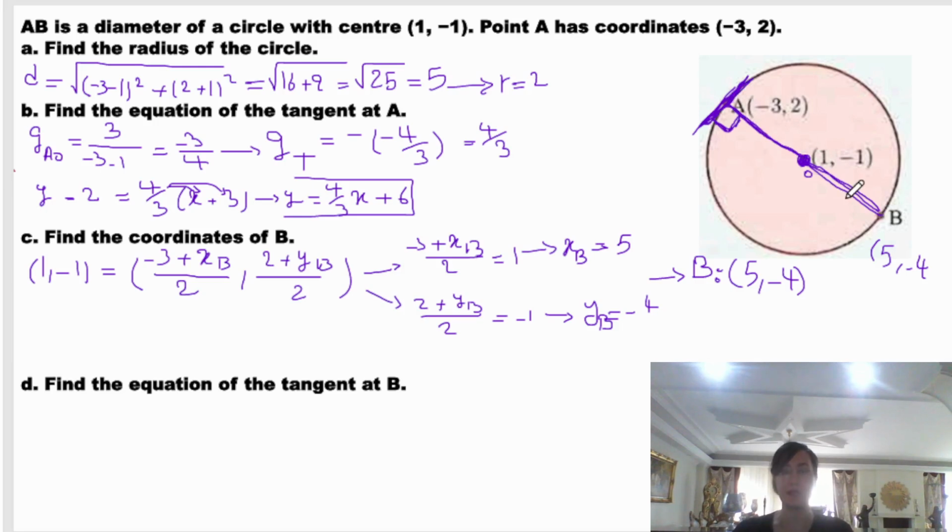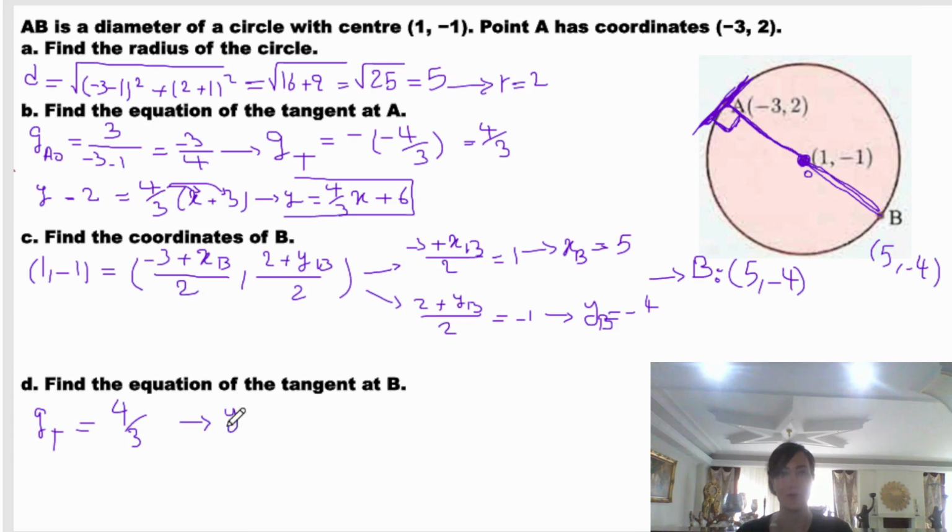So I have its gradient. So the tangent at B is perpendicular to this line, so the gradient of the tangent here would be the same, 4 thirds. I have the gradient of the line and a point on this line, which is (5, -4). So I can write the equation of this line.